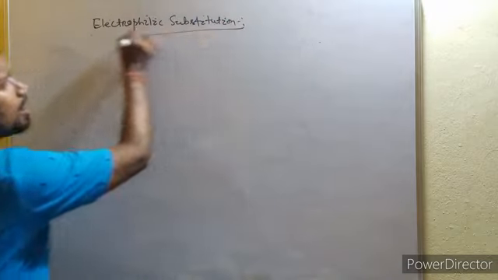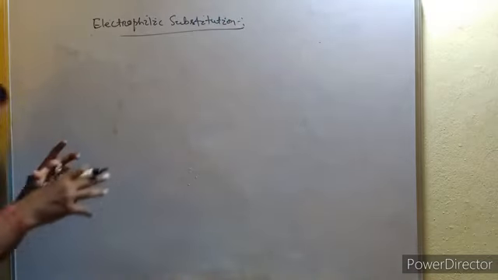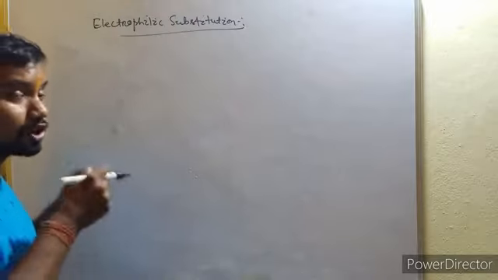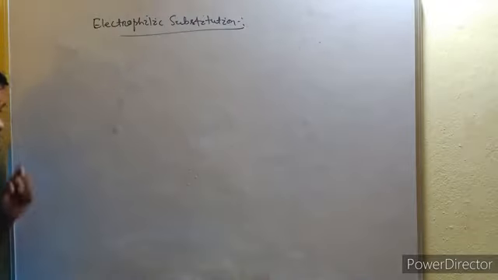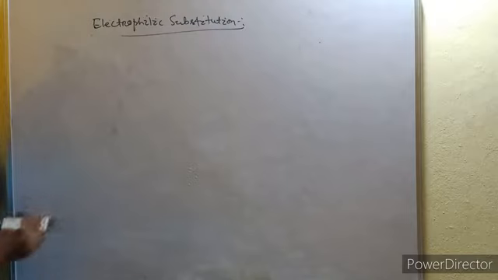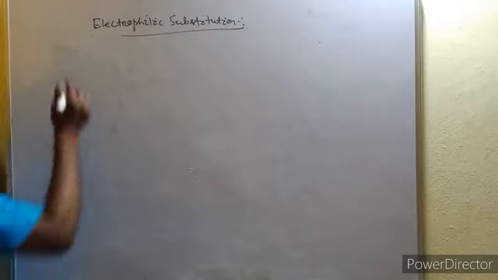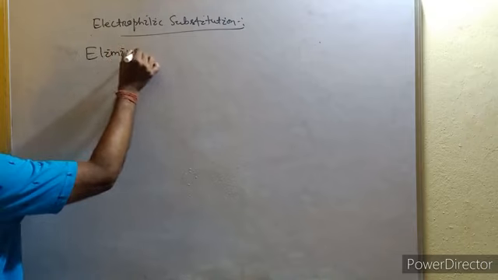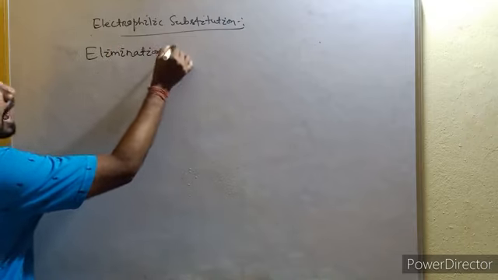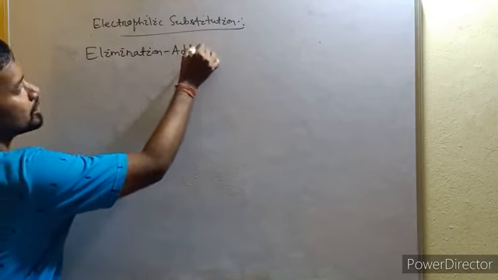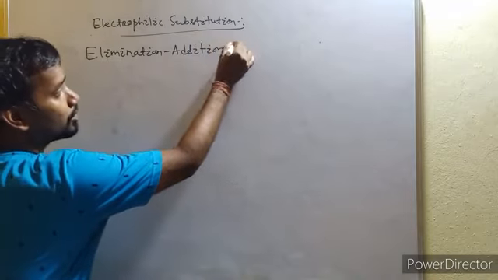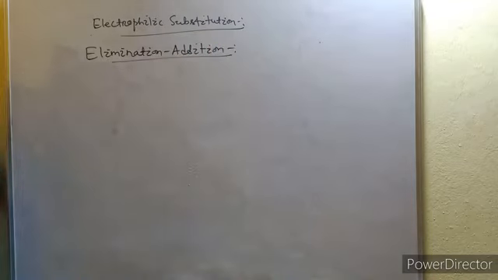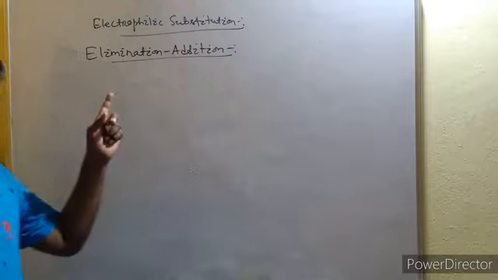Okay, but have you heard about a double reaction? Double reaction means two mechanisms are involved in one reaction. Like I will say here, elimination and addition. Elimination addition reaction. Two types of reaction we have discussed like this.